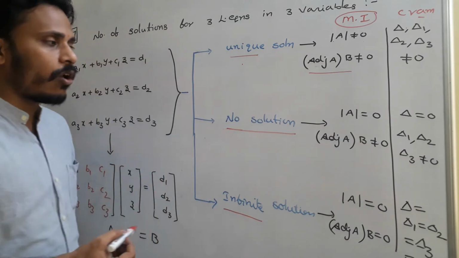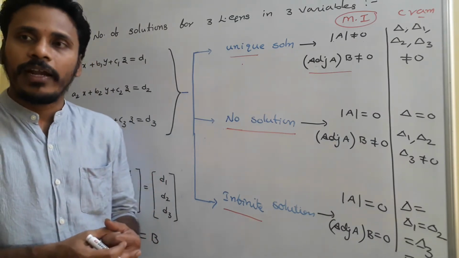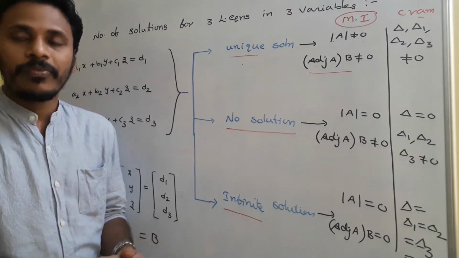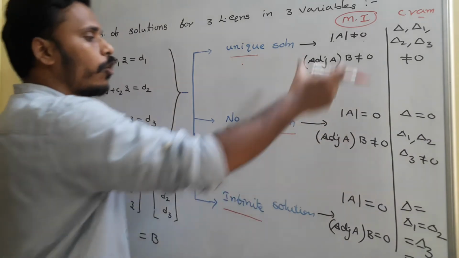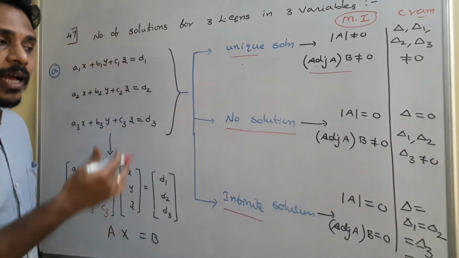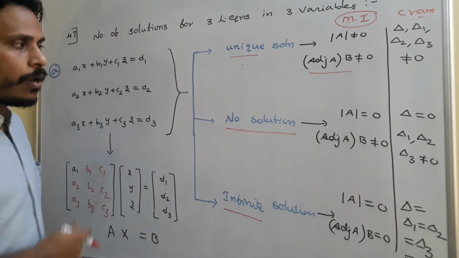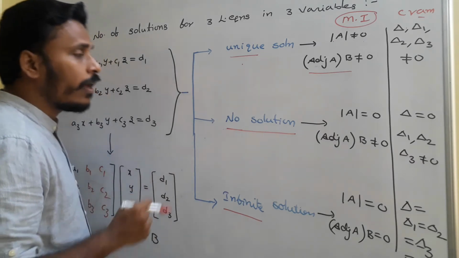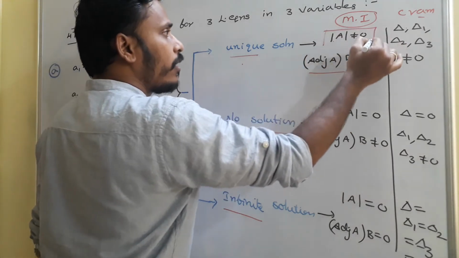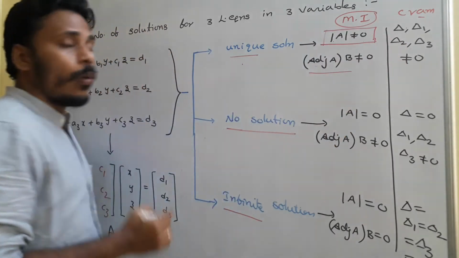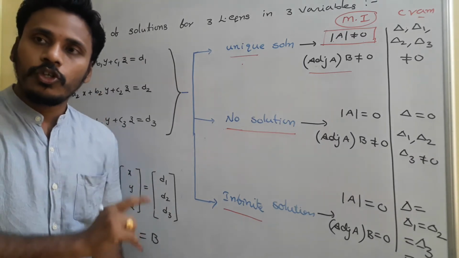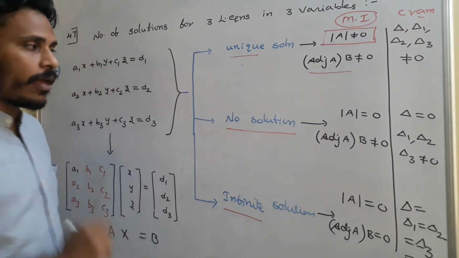To solve some problems without finding the solution, we need to discuss the number of solutions. In those cases, we need to follow these restrictions, these conditions, based on the inversion method as well as Cramer's method. Once again, if the system has a unique solution, then determinant of A is not equal to 0. Whereas if the system does not have a unique solution, it may have no solutions or infinite solutions.